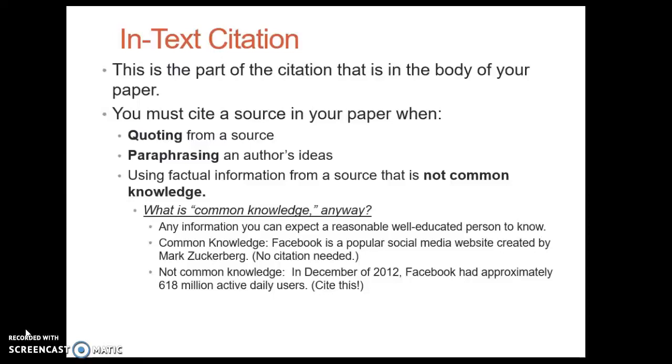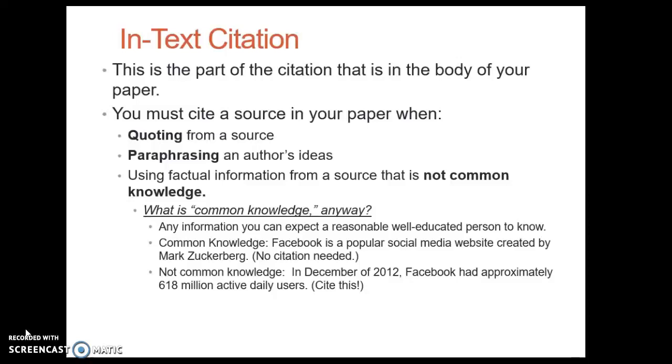So let's just take a minute to think about that. What do we mean when we talk about common knowledge? And really the definition for that is any information you can expect a reasonable, well-educated person to know. So for instance, it's generally considered common knowledge that Facebook is a popular social media website created by Mark Zuckerberg. So no citation would be needed for that.